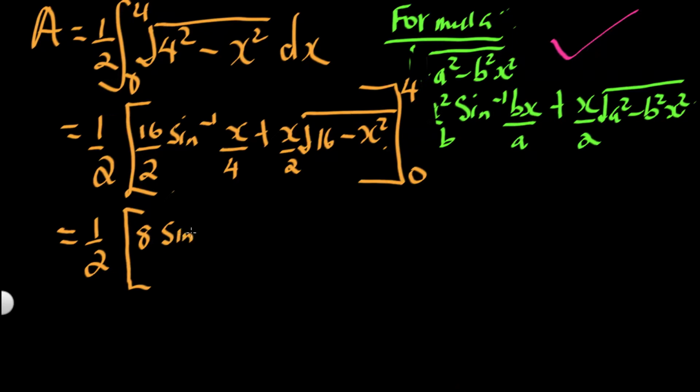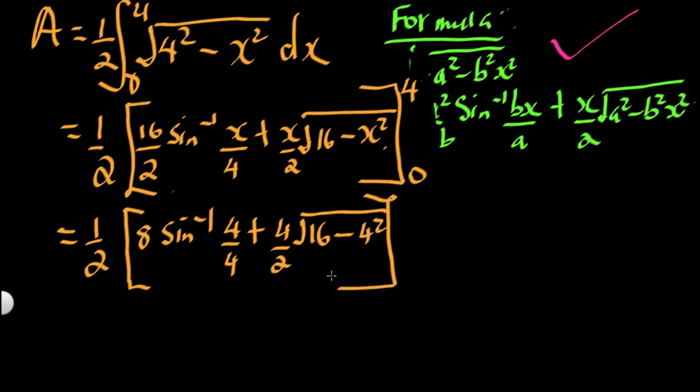Arcsine of 4 over 4, where there's x, I'm putting 4, plus x over 2, which is 4 over 2, root of 16 minus 4 squared. We close this. Minus. Now we check if we put 0 into this whole formula, what do we get?